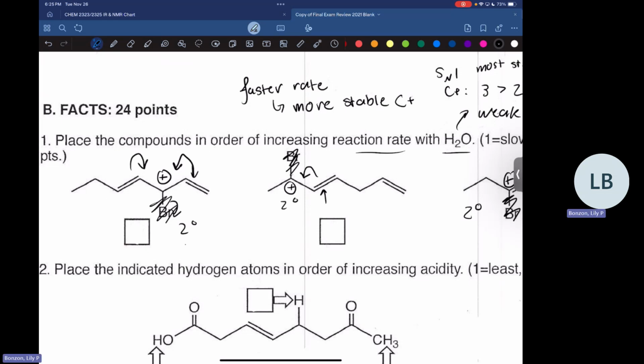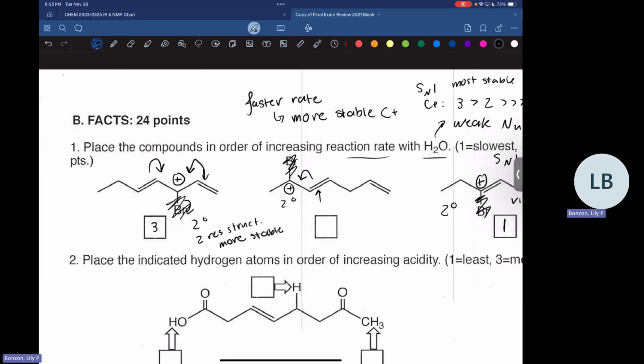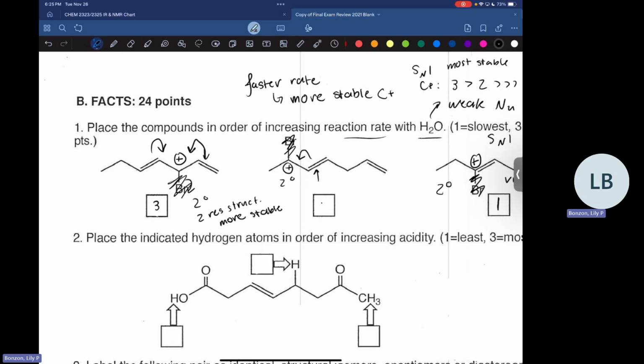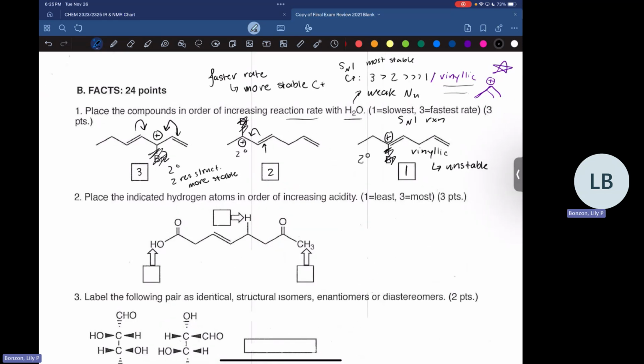So because this one has 2 additional resonance structures, resonance makes that carbocation more stable. So we're going to assign the group on the left as our most stable and therefore fastest rate, and the group in the middle would be our second. Questions on this one?